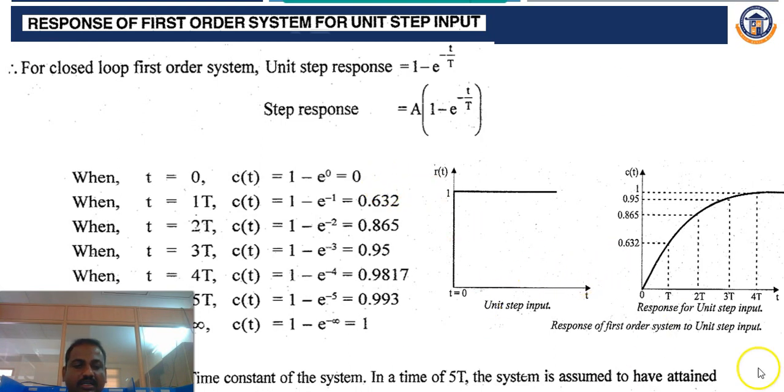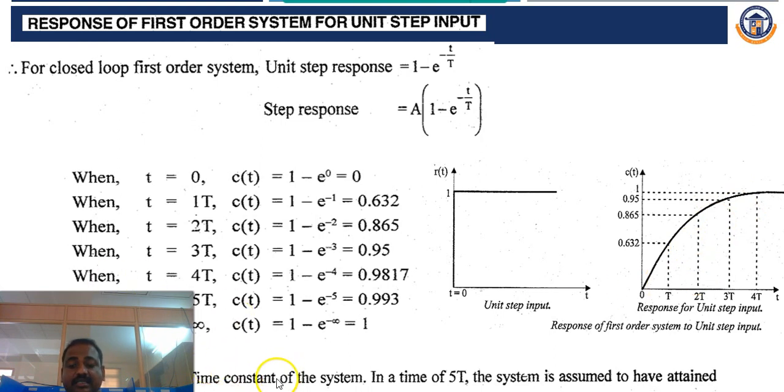When we look at the graph, this is my unit step input at t equal to 0, which has a constant amplitude. For the response of the first order system, I plot the points at T, 2T, 3T, 4T, and once I plot these points, I get the unit step response of the first order system like this.